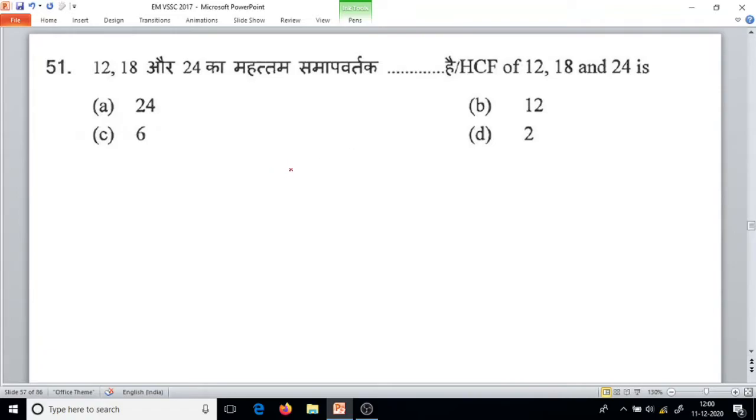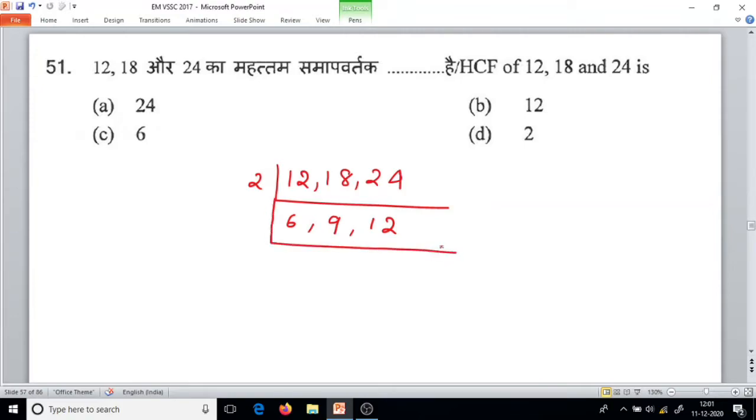To find the HCF, you have to write the numbers like this: 12, 18, 24, separated by commas. Now we have to see which common number we can divide these numbers by. Divide by 2 without remainder: 12 divided by 2 equal to 6, 18 divided by 2 equal to 9, and 24 divided by 2 equal to 12.